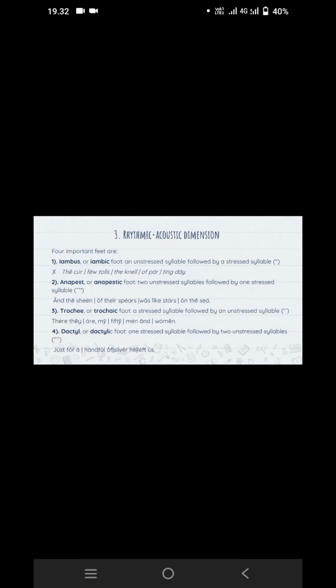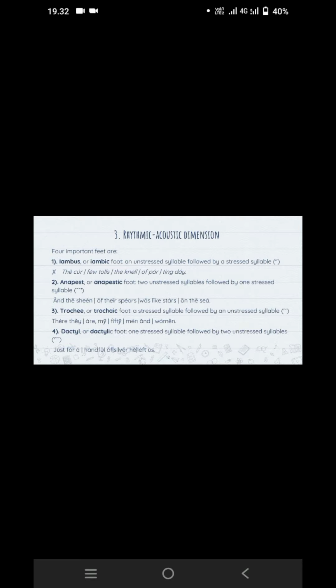According to the sequence of stress and unstress, a line can be divided into feet, the basic unit of measurement of syllabic meter. A foot usually contains one stressed and at least one unstressed syllable. The four important feet are: first, iamb or iambic; second, anapest or anapestic; third, trochee or trochaic; fourth, dactyl or dactylic.